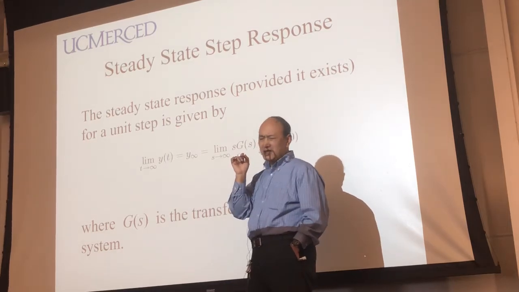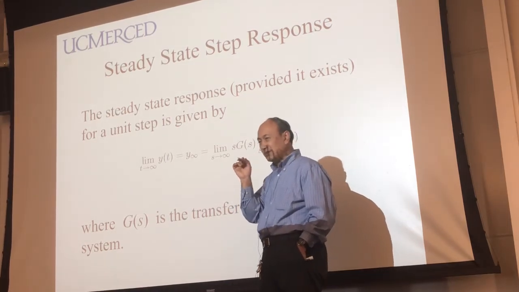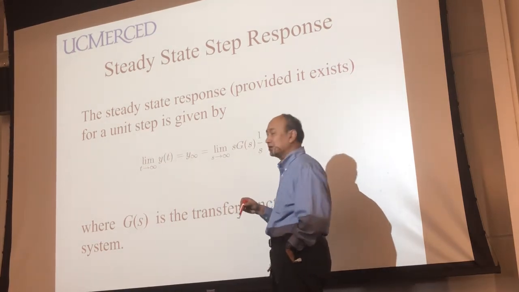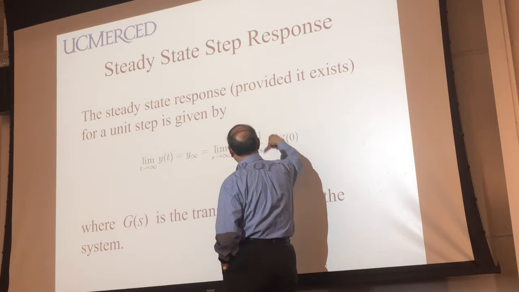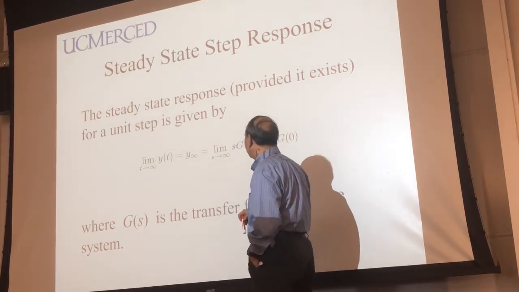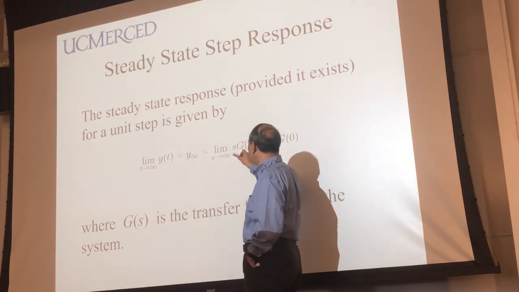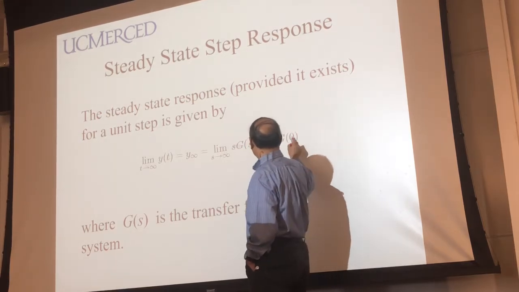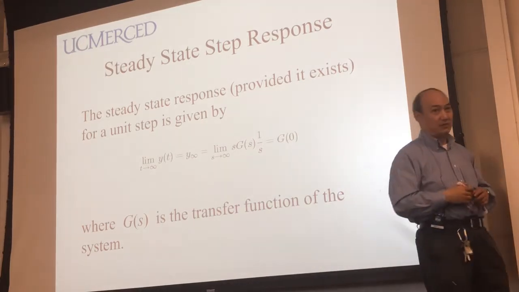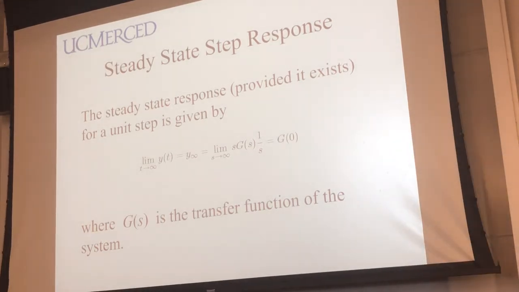I saw at least 5 or maybe 10 of you didn't do it correctly. Please fix it, okay? So find out why the step corresponds to 1 over S, okay? Then cancel this S, and sending S to 0 gives G0, okay? This G0 has a special name, we told you more than once. It's called DC gain, okay, DC gain.